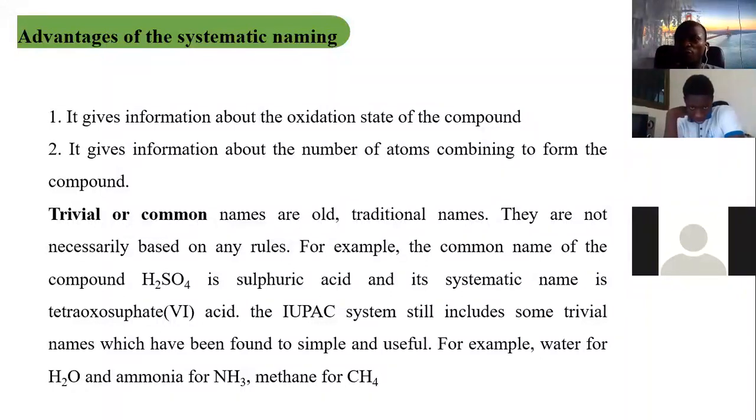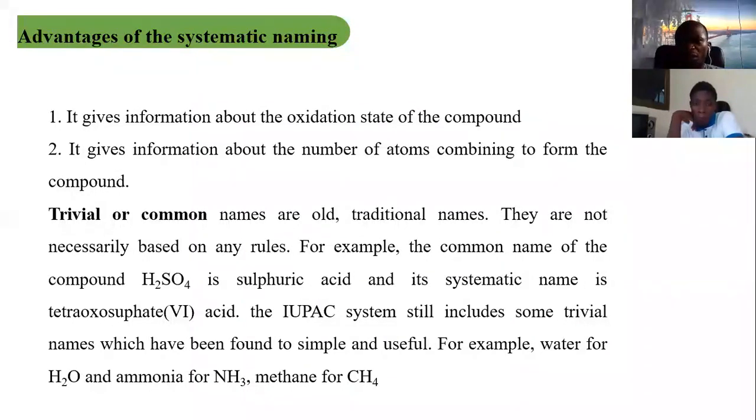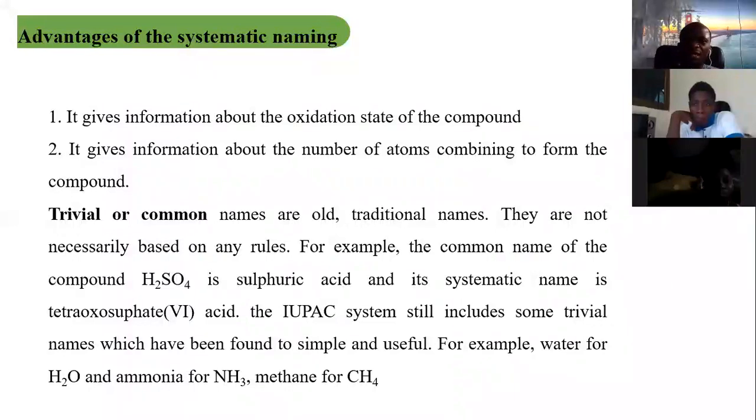Phosphoric acid. Then H2O, water. You are familiar with that one. NH3, ammonia. Now, some of these common names of compounds have been accepted and integrated into the system, and they have become known as the IUPAC names of these compounds.